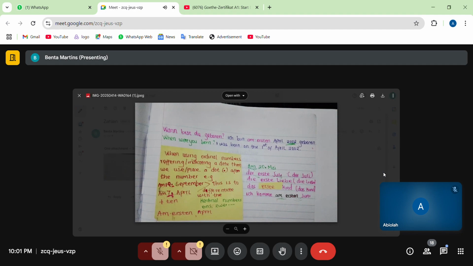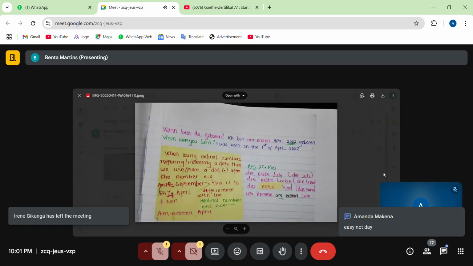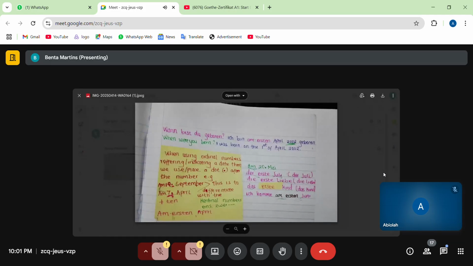So when you have TEN, remember the rule, like from 20 to 100 onwards, we add STE, right? But when you have the preposition, we're going to add an N. So from zwanzigste to zwanzigsten.